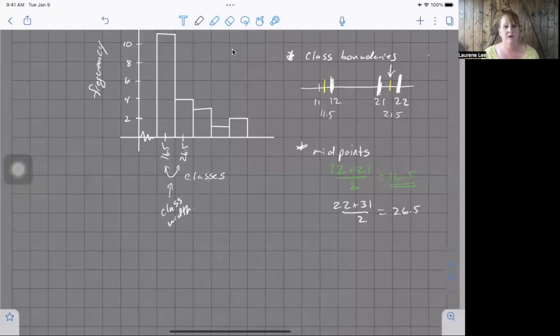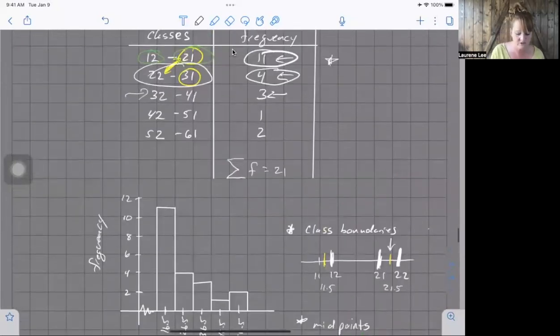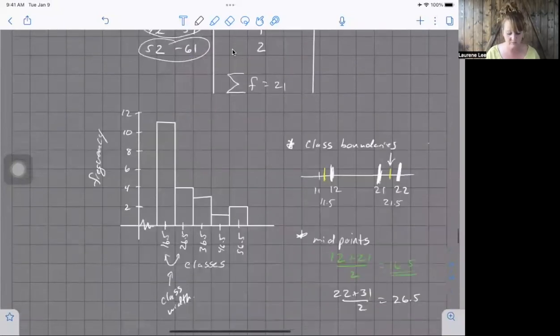And if you remember from our previous video, the class width is 10. So I'm just basically adding 10 to each. So this is going to be 36.5, 46.5, and 56.5. But where those numbers are coming from is I'm just averaging the min and the max in each class and dividing by 2. So finding the middle point.